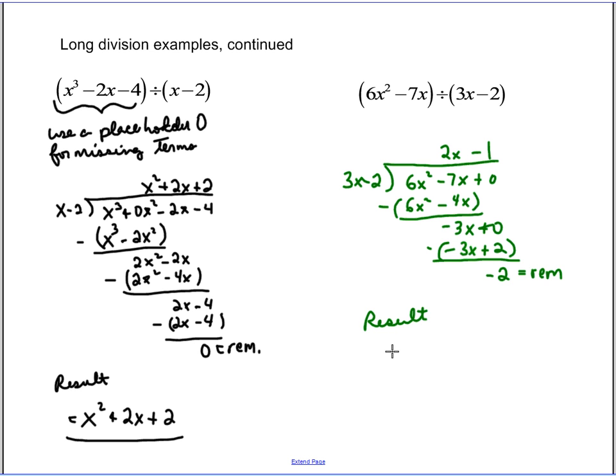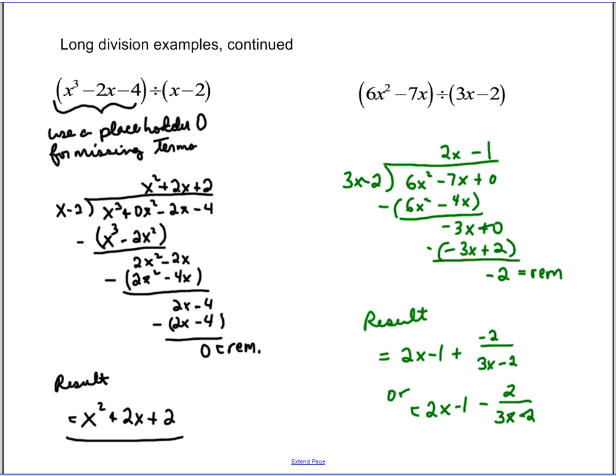Okay, so if you tried this out yourself, your result should look like 6x squared minus 7x divided by 3x minus 2 would be 2x minus 1 plus negative 2 over the divisor of 3x minus 2, or you could write it as 2x minus 1 minus 2 over the quantity 3x minus 2.